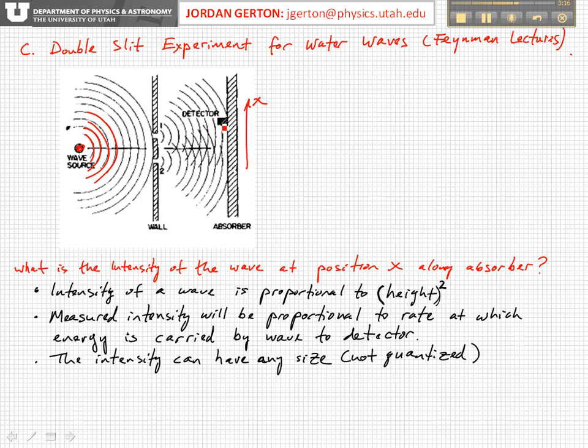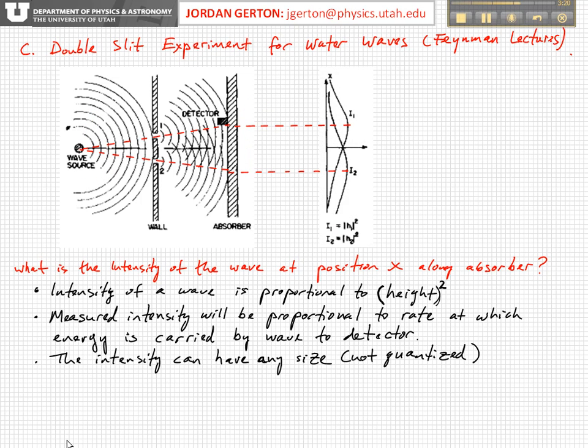So this is the experiment, and now again, if we just open one of the slits at a time, we get two distributions that look very much like what we saw with the particle. If you block slit number 2, you get this intensity distribution I1, again a function of x.